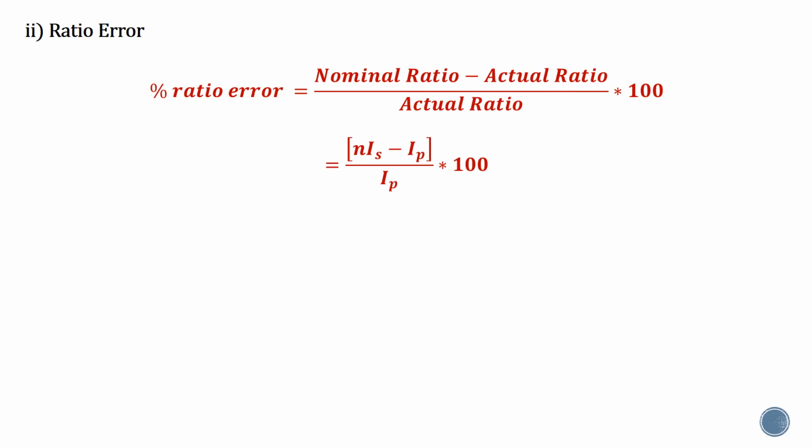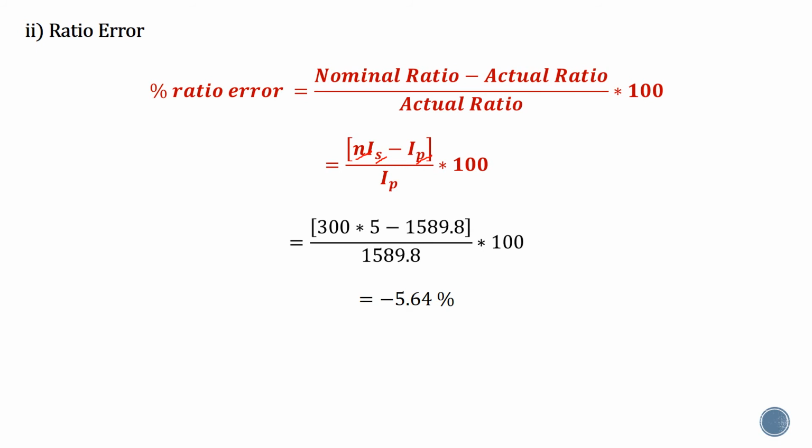Now we will calculate the ratio error. From the formula of ratio error, by substituting the values of each parameter, N 300, secondary current given 5 ampere, primary current we have calculated in the previous part, that is 1589.8, and solving, we will get the ratio error as 5.64%.